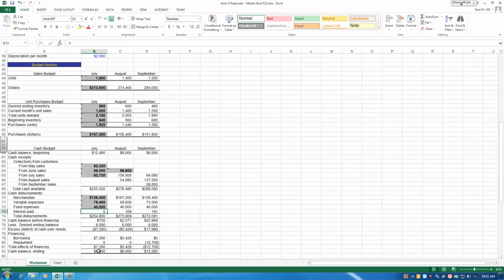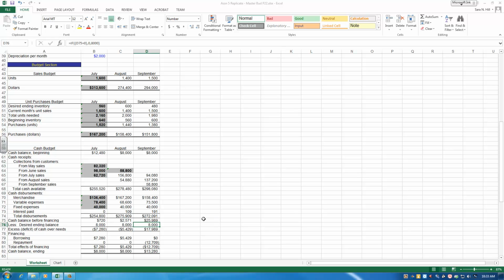So we ended July with 8,000 cash balance, and that will flow up here to our ending balance the next month, and so forth. So we've kind of got the basis of what now is going to flow into our forecasted income statement and balance sheet.